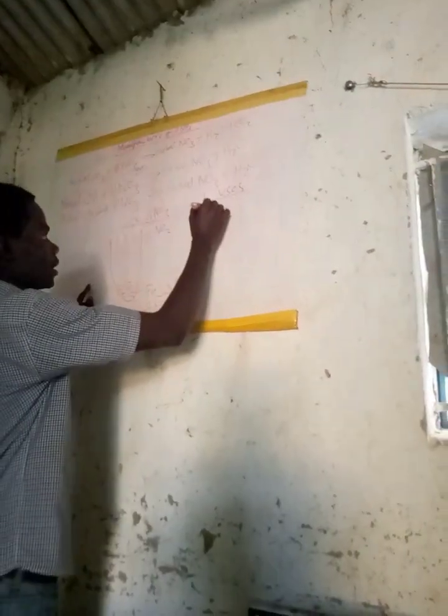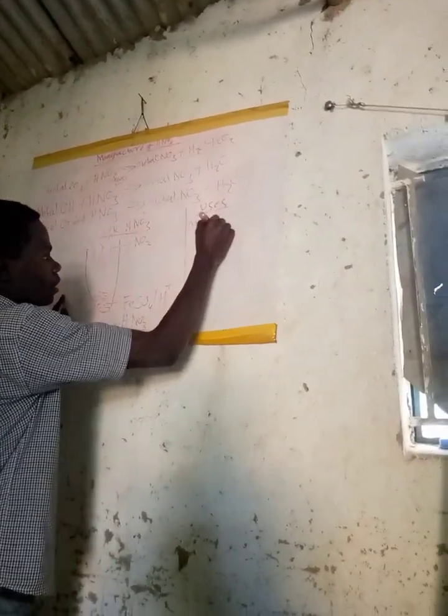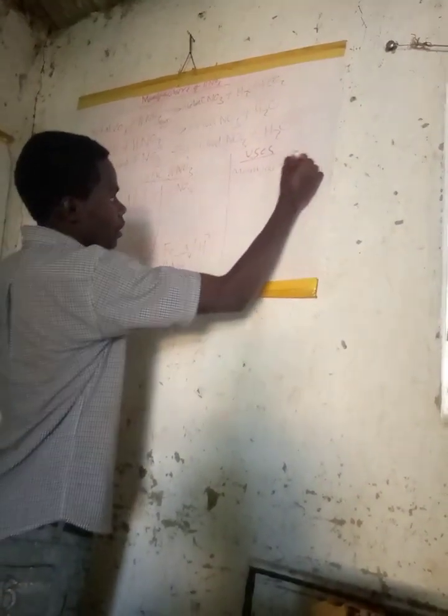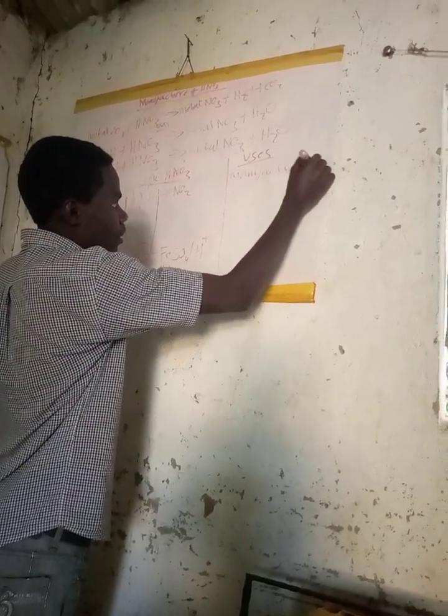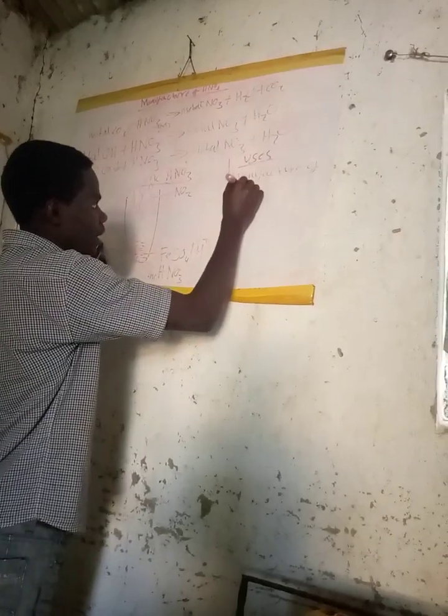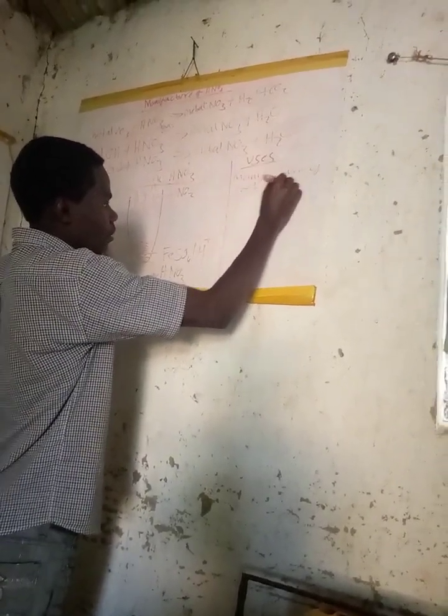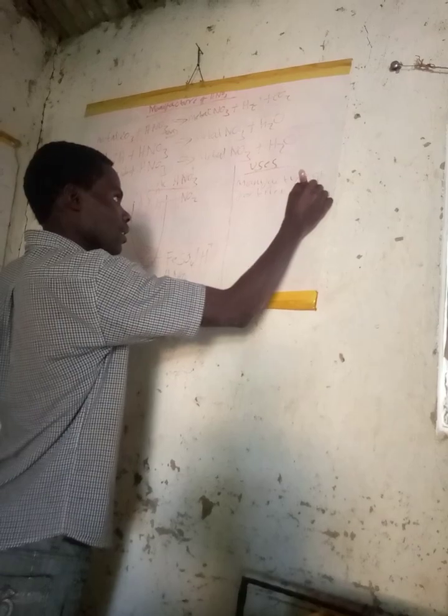One, we have the manufacture of fertilizer, e.g. ammonium nitrate. Then we have dyes.